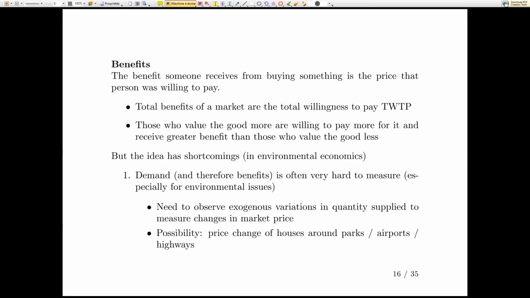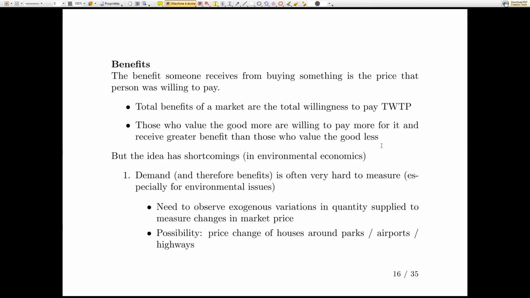It's not a perfect measure, but a quite good measure. It's a measure of surplus in a way, because I'm going to buy it and I would have been willing to pay a bit more than the price that I would pay. So that gives me what we call the surplus as a consumer. And those who value the good more are willing to pay more for it, and therefore should receive a greater benefit than those who value it less.